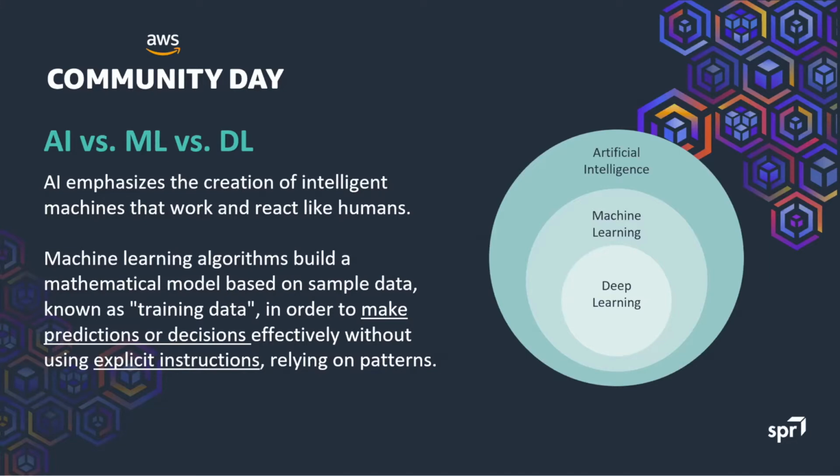And after that learning, it will be able to do a prediction or take decisions on its own. And that will be without any explicit instructions or any guidance from a developer or a programmer. So we can say that machine learning is a subset of AI.